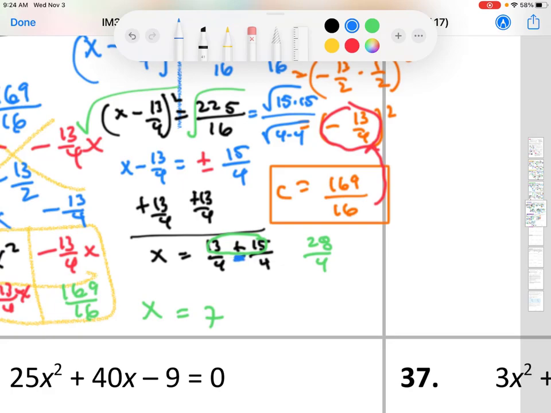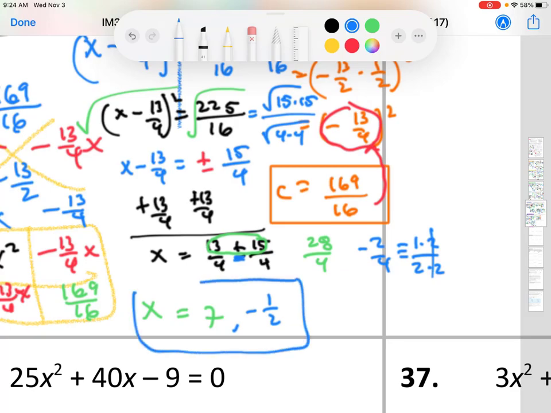And then 13 minus 15 is going to be negative 2 over 4, which is negative 1/2. There's our answer.